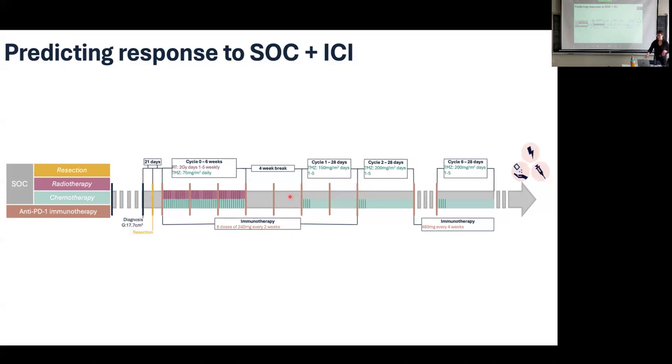Then there's a 4-week break, and then chemotherapy is given on monthly cycles. And this is an oral drug, so we represent the absorption from the oral compartment, and then it's transferred into the CSF. And then immunotherapy is given in doses of 240 micrograms every 2 weeks, and there are 8 doses that are given. So she simulates this entire cascade.